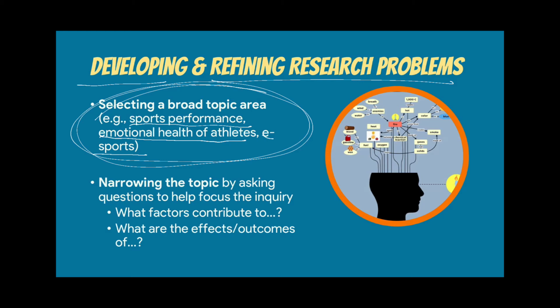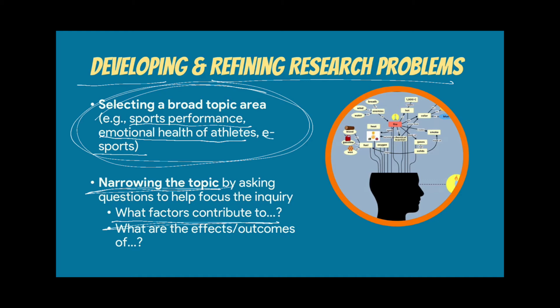And then you probably have heard of this phrase before: you narrow down the topic. So how do you narrow down the topic? By asking questions that help focus the inquiry. And usually we ask for precedents, or antecedents of the phenomenon that you are asking, like what are the factors that contribute to it, and you also talk about consequences of the phenomenon that you are looking at.